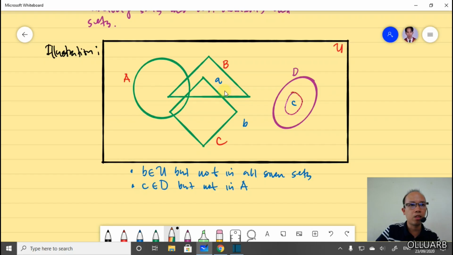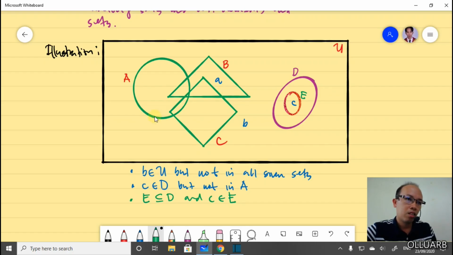So this is, for example, set E. So we can write that E is a subset of D, and small letter C is an element of E. You can also write it that way.